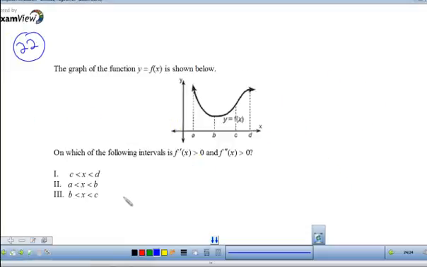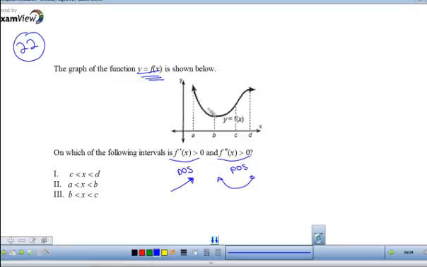The graph of the function is shown below. Okay, so the original function is shown below. On which of the following intervals is the derivative positive? Okay, that's what that means. And the second derivative positive. So basically what I'm looking for is to make sure that my original graph is increasing. That's what the first derivative means when it's positive, and concave up, because that's what the second derivative means when it's positive.